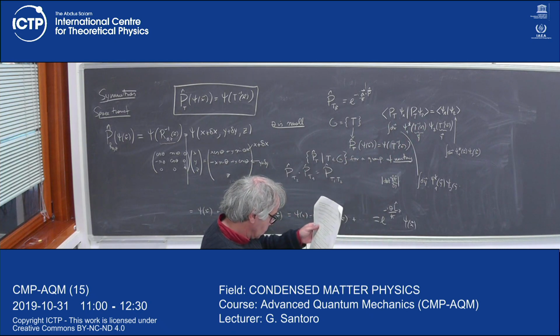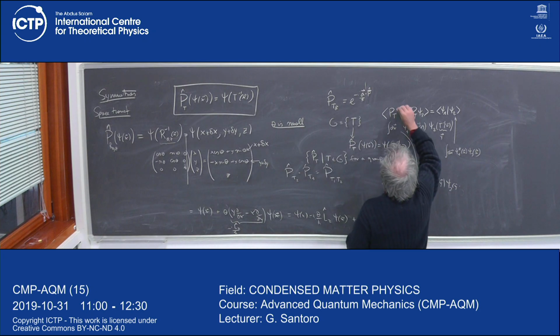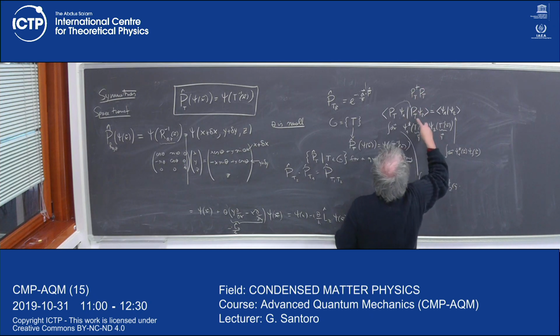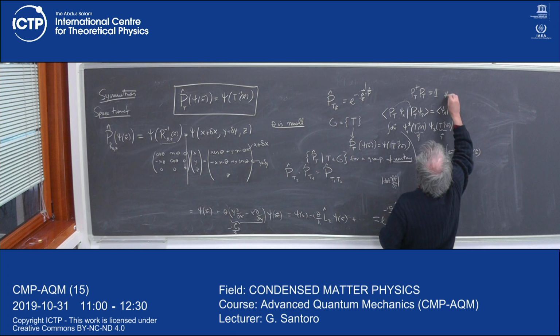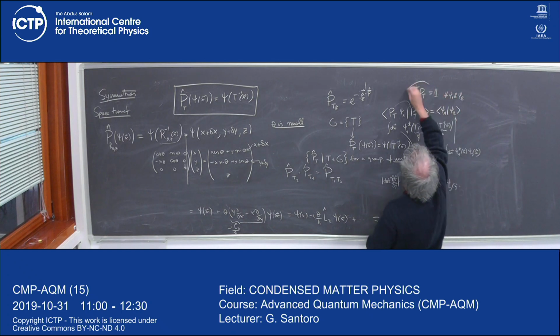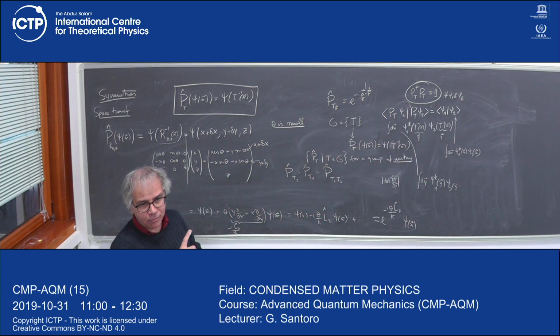Okay. Good. If it doesn't change the scalar product, obviously you can bring this to this side and you have Pt dagger Pt, okay? And this object has to be equal to the identity for all psi 1 and psi 2, which is another way of expressing the unitarity of Pt.